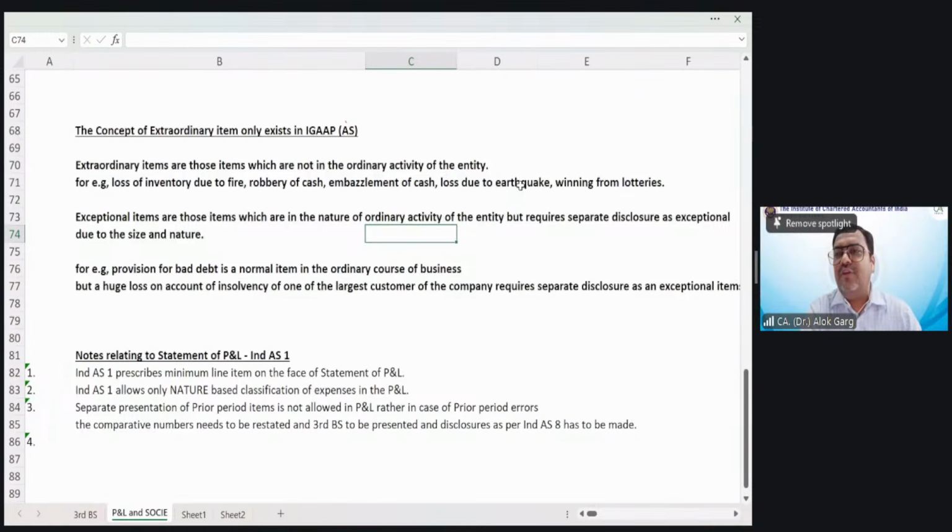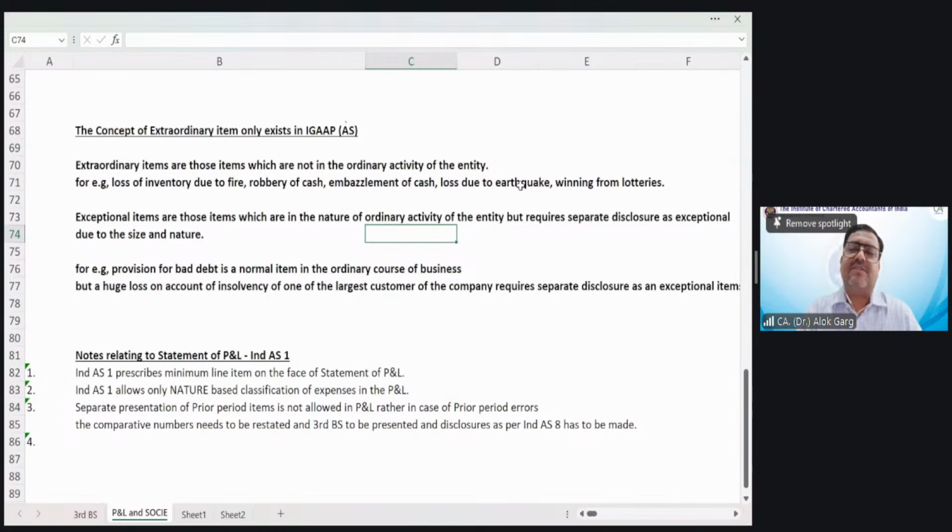You are selling your goods on a credit basis, so there will always be a risk of bad debt, because you might be charging some extra amount also. Probably if somebody had purchased in cash, you would have made it cheaper, but now it is expensive because you are selling goods on credit.